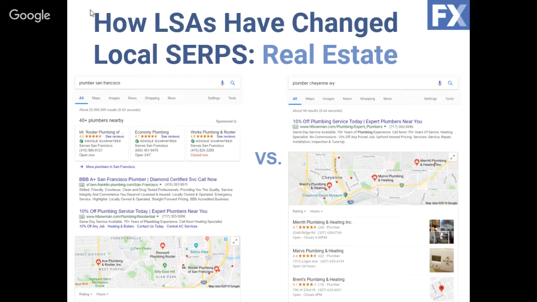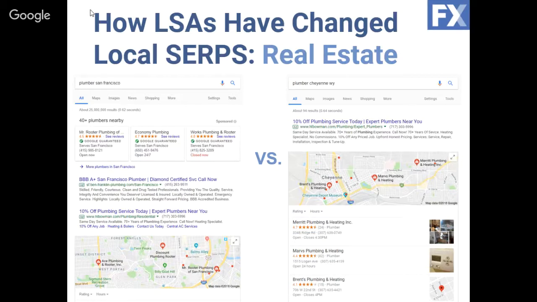The first thing we'll notice, just from a visual standpoint, from a real estate standpoint, is how local service ads have changed search result pages. Right off the bat, you notice local service ads are right at the top of the page. You can see that on the left example, which is a local search result page with local service ads present, compared to the right side where local service ads aren't present. You can see how everything is pushed down further on the left-hand side.